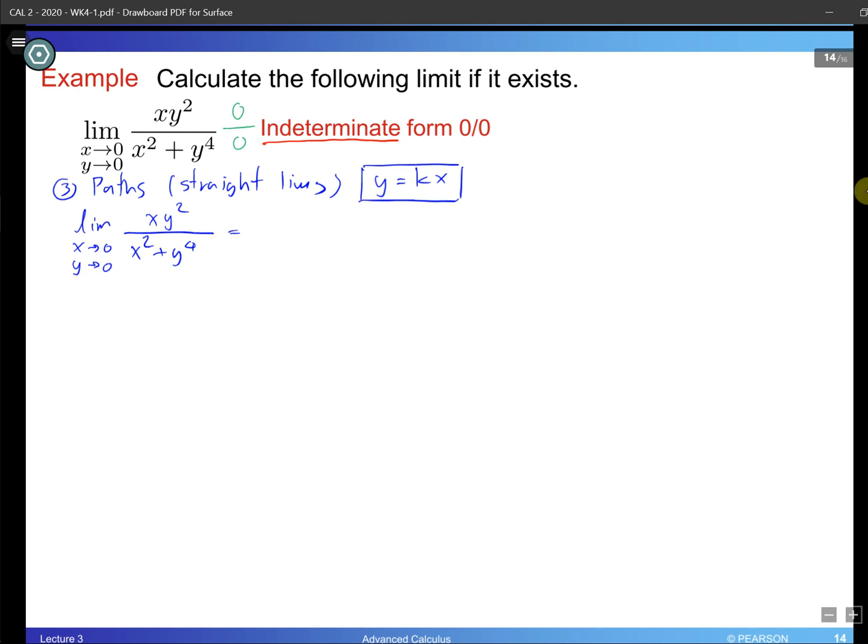Up here, x is still the same, but y is going to be equal to kx, squared at the end, and divided by x squared plus y to the fourth. So let's put y equal to kx in, so kx to the power of 4.